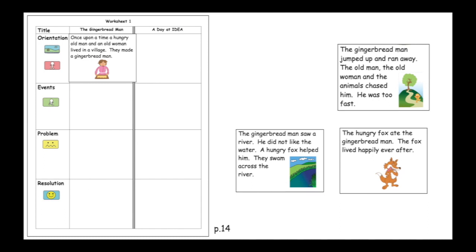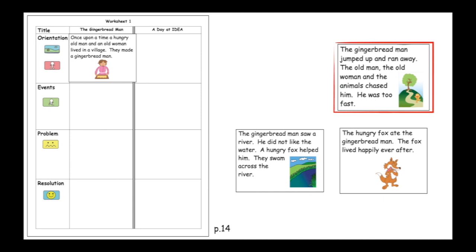Okay, next we need to find the events story card. This will tell us what happens in the story. Look, this card tells us the gingerbread man ran away and the old man, old woman, and animals chased him. These are the events.